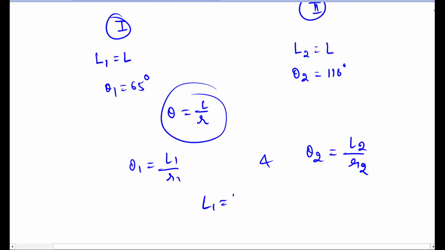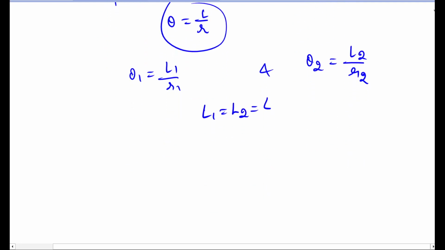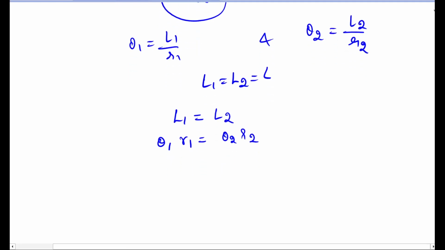We know L1 is equal to L2 is equal to L. So L1 is equal to theta 1 into R1 and L2 is theta 2 into R2. So we can separate the terms on either side: theta terms on one side and radius terms on the other. So theta 2 upon theta 1 is equal to R1 upon R2.